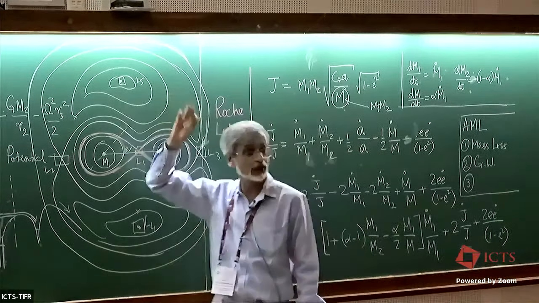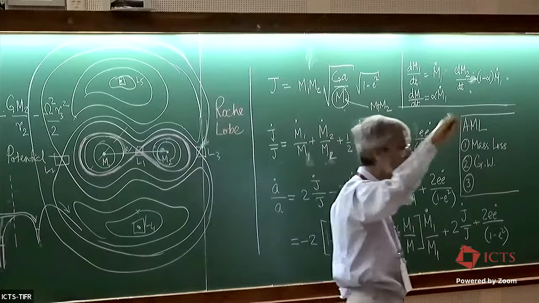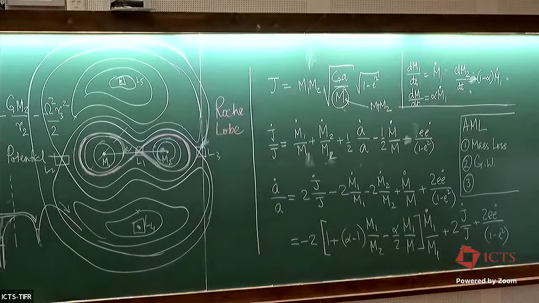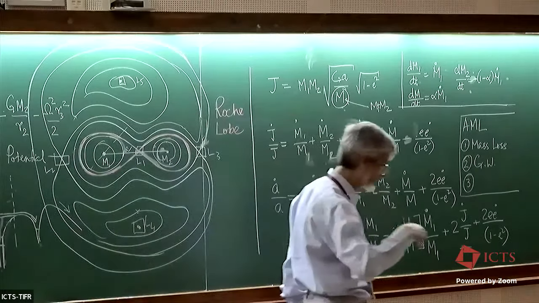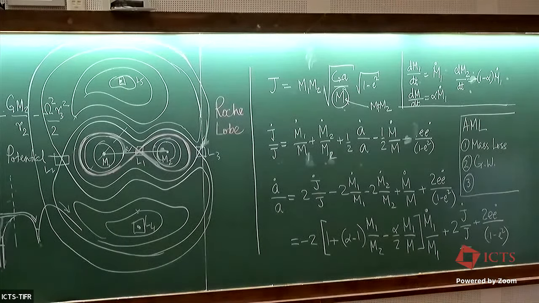And then magnetic stellar wind is going to take away that extra orbital angular momentum that was delivered to the star in trying to synchronize it. So what then happens is that although the magnetic stellar wind is carrying away the spin angular momentum of the star, since the spin angular momentum is being fed by the orbital angular momentum, this becomes an agent of depleting the orbital angular momentum.